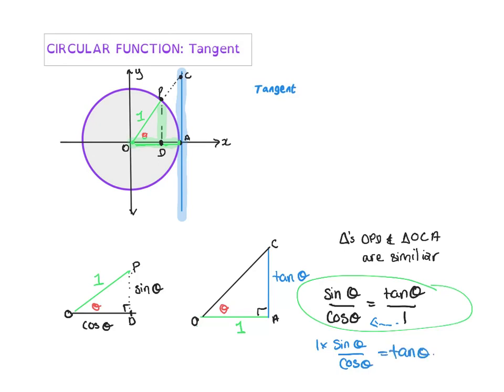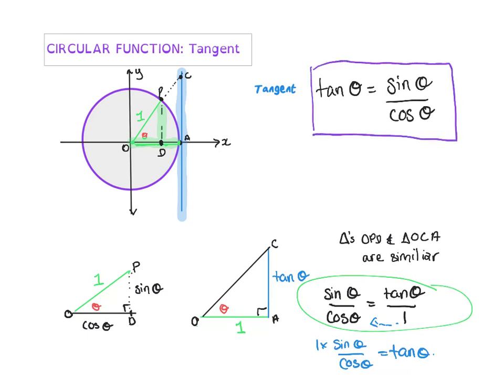So we end up with the rule that if you're trying to find the tangent of the circular function, tan is equal to sine theta over cosine theta. And so that is the rule that you will need to learn.